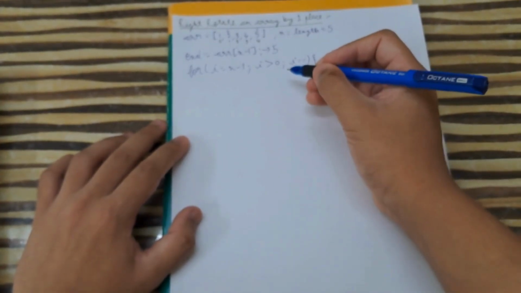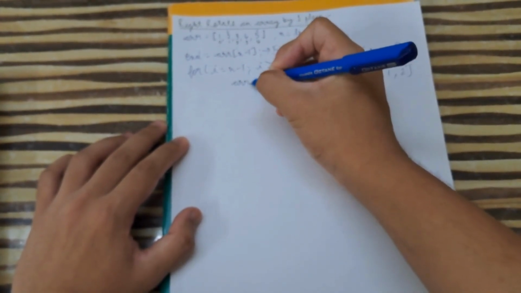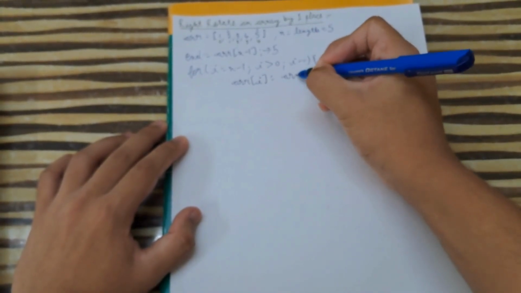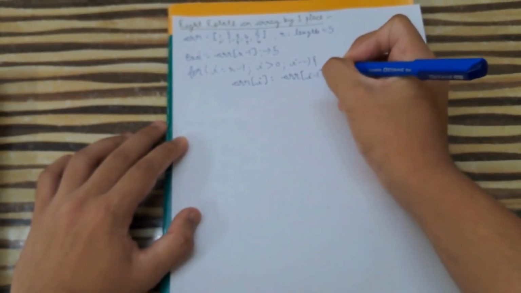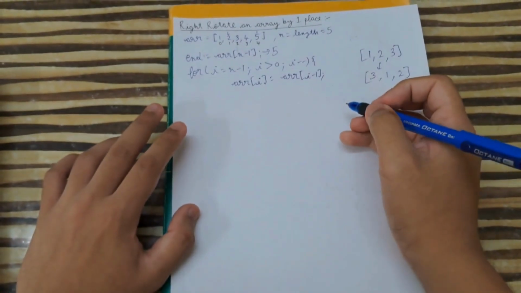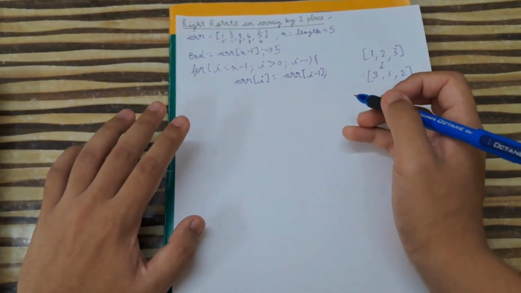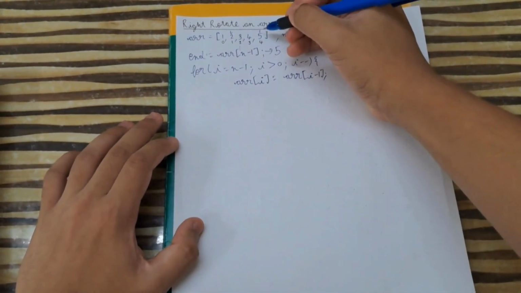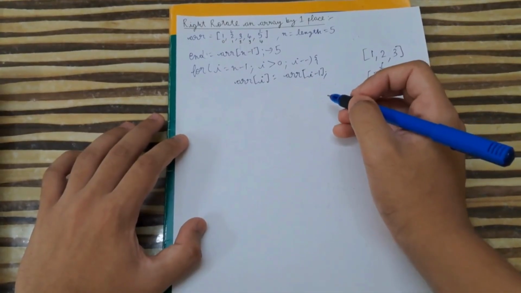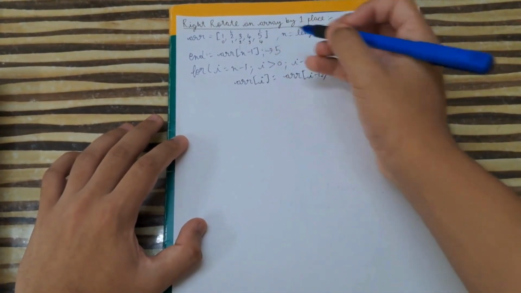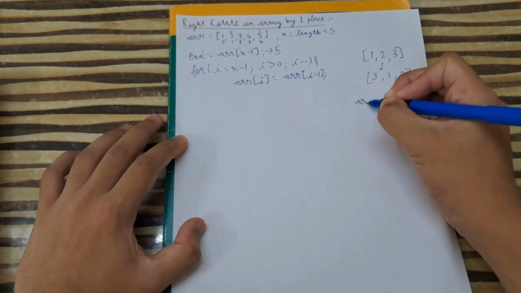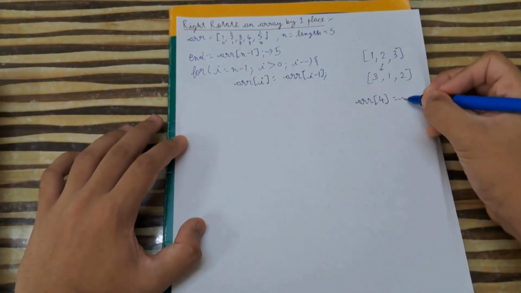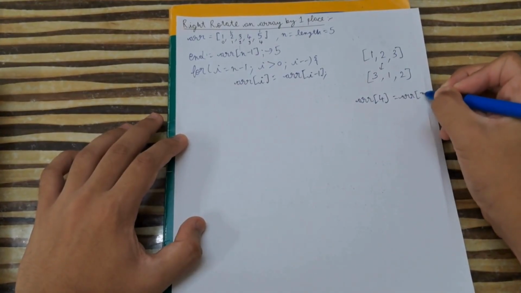Inside the for loop, we will set array element I equals to array element I minus 1. What we have done here is, for the first iteration, when the loop is going in reverse, the first index is 4. So it will set array element 4 equals to array element 3.